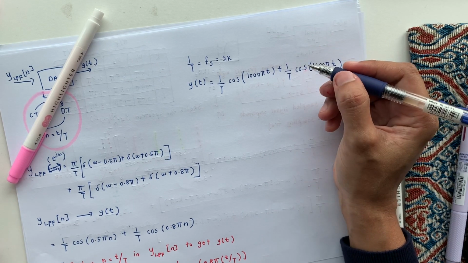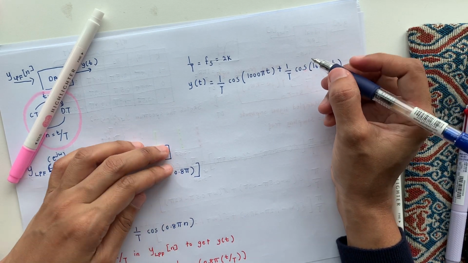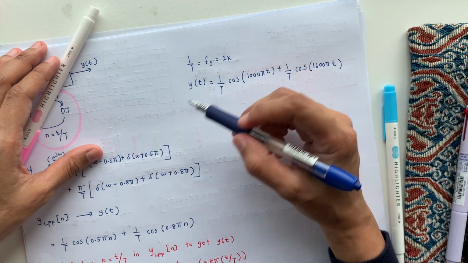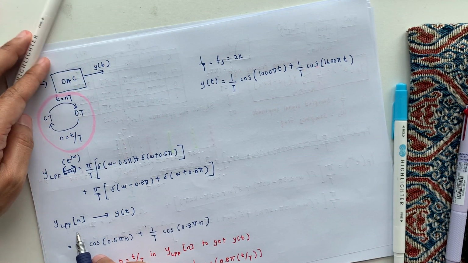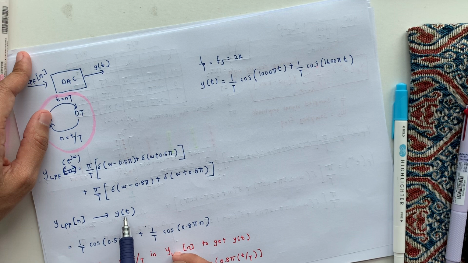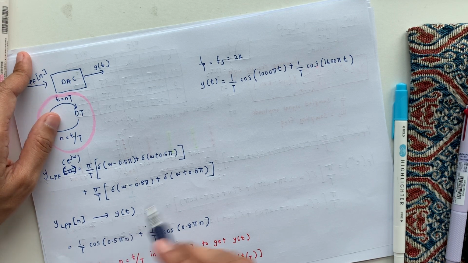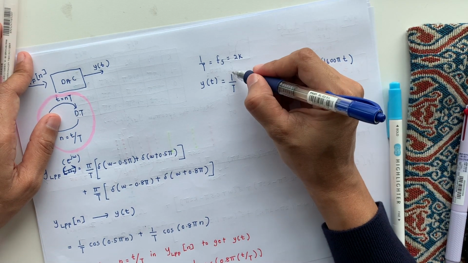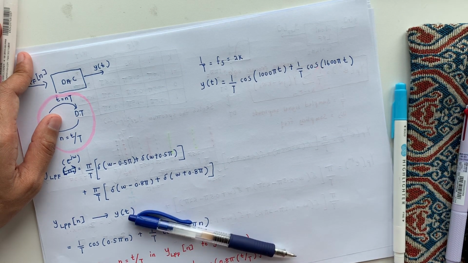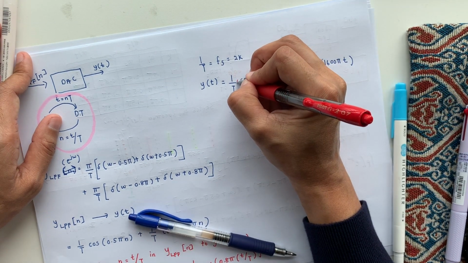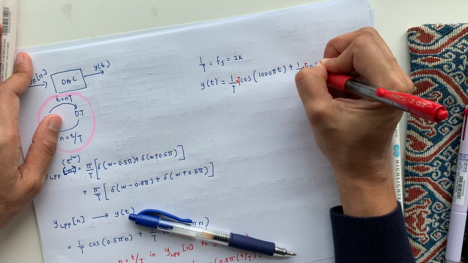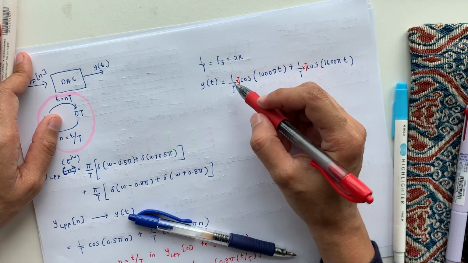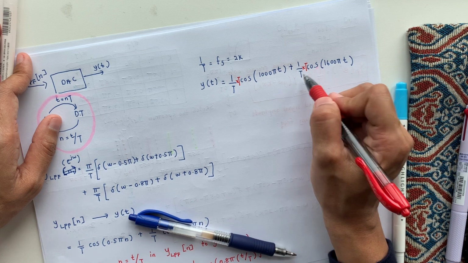If you look at this equation, we need to convert from discrete time to continuous time. This 1 over T will be multiplied with T, and this one also you need to multiply with T, because now we need to cancel this T off.